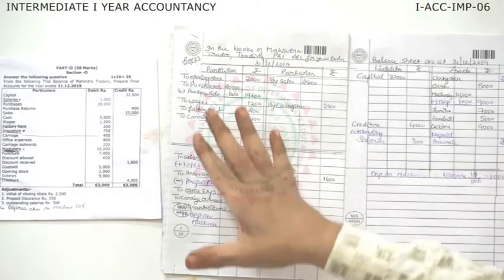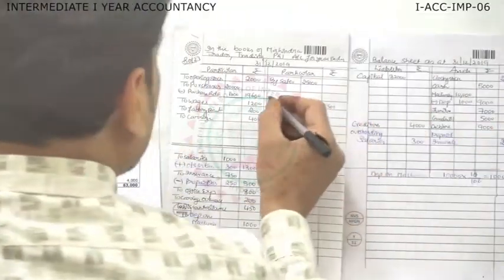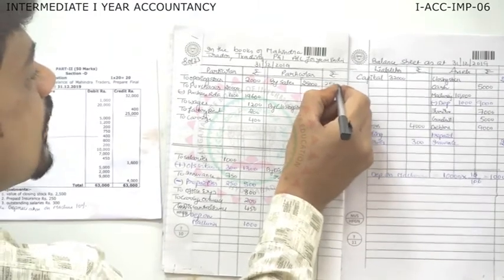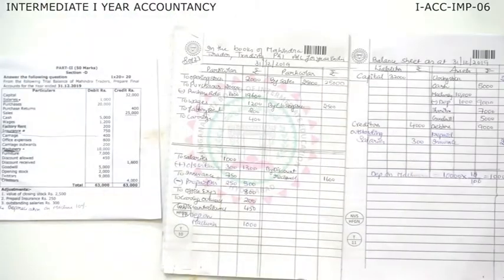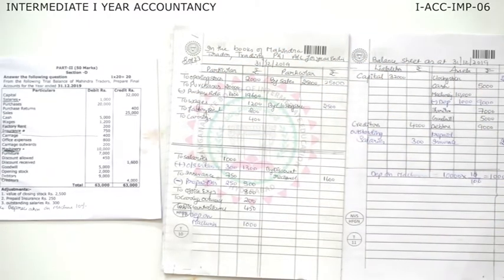Sir, we have done all the postings. Now we have to do the solution, I mean the working part. Now if we look, there are no sales return. So close like this and transfer 25,000 in the amount column. Now the main part: working for getting the gross profit, net profit and the balance sheet total.